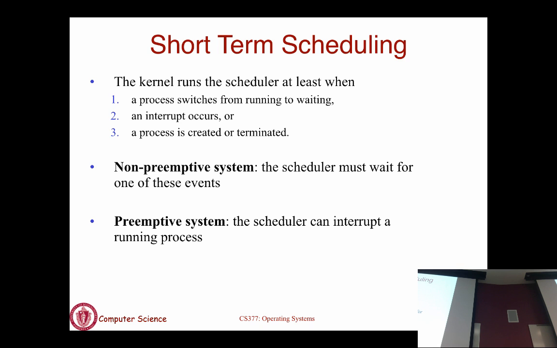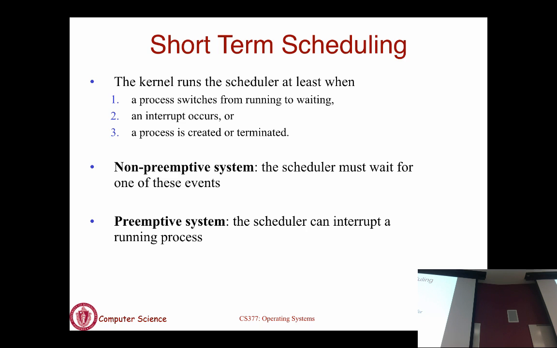In a non-preemptive system, once you start running, if you are not going to do any I/O and there are no interrupts, you can run for long periods of time. Other processes that are in the ready queue must continue to wait. They are not going to get a turn to run on the CPU until one of those three things happens for the currently running process. So most schedulers will be either preemptive or non-preemptive, and we'll look at examples of all of those.